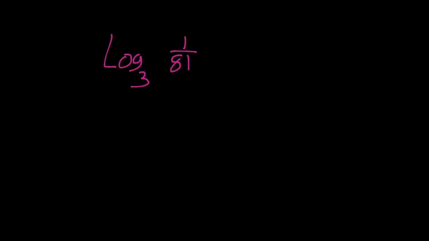So still, I would rewrite this as 3 to the what power equals 1 over 81. And anytime you have a fraction, your exponent is going to be negative. And it's negative because you have the number that you want in the denominator.